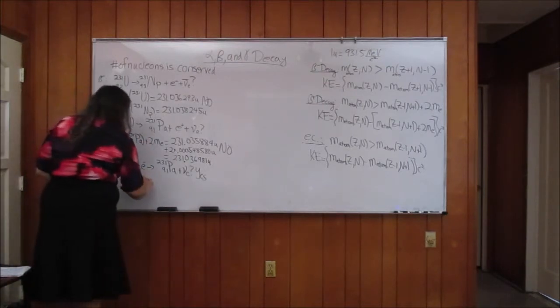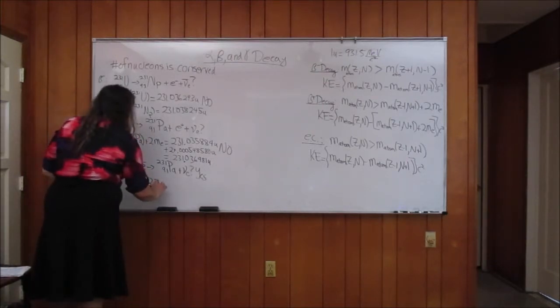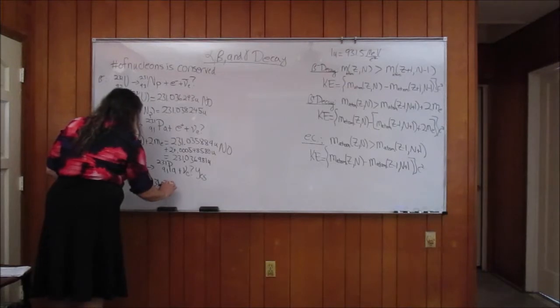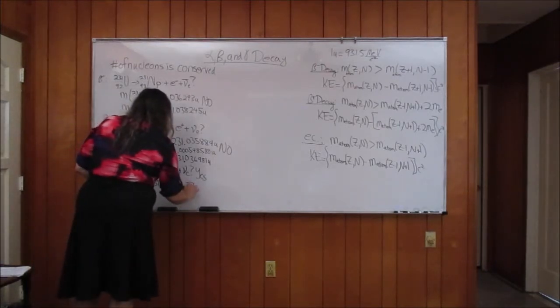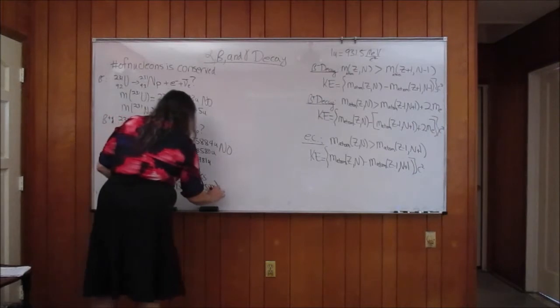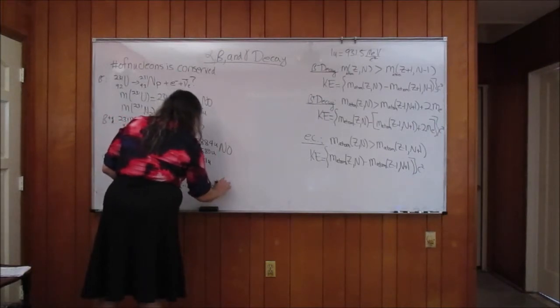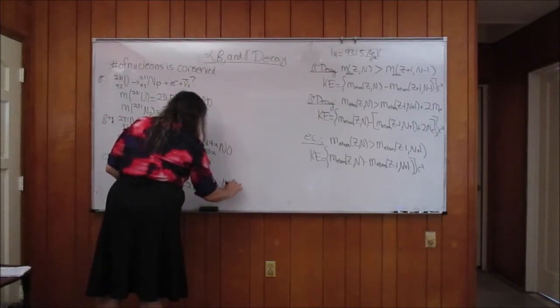And if we want to figure out how much kinetic energy is released, well, it'll just be those mass differences: 231.036293 minus 231.035884, all in atomic mass units, and of course multiplied by the conversion factor.